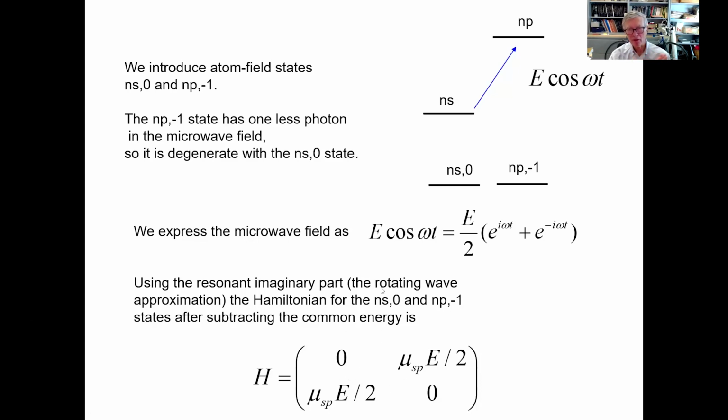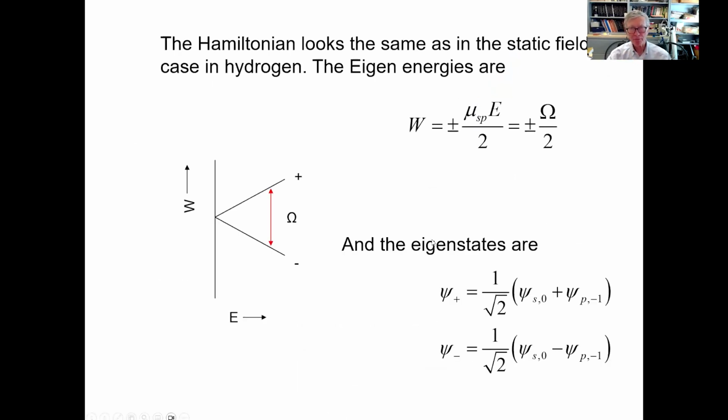Okay? This is essentially what's called the rotating wave approximation. So I once again subtract their common energy, and I have this very simple matrix, which I can diagonalize. And I once again find that the energy eigenvalues are plus or minus the dipole matrix element times the field amplitude over 2, which I will call plus or minus omega over 2.